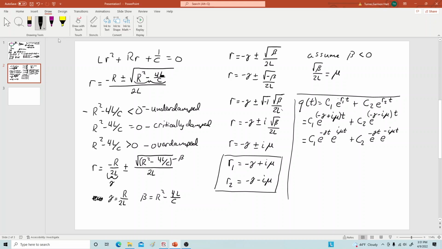And so now, here is where the interesting thing happens mathematically. These e to the I mu t and e to the negative I mu t, you can use Euler's equation, and Euler's equation says this: e to the I of your argument, whatever it is, for example e to the ix.